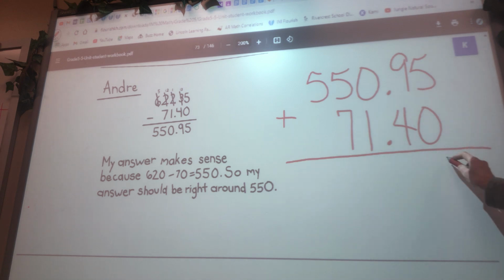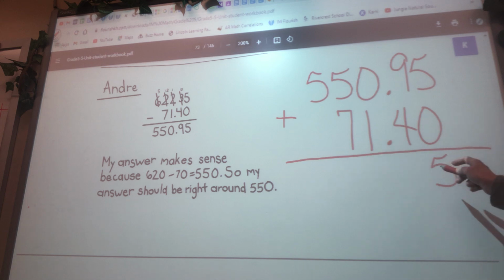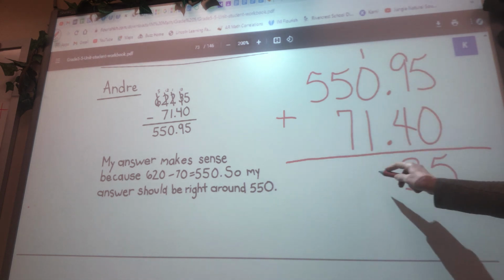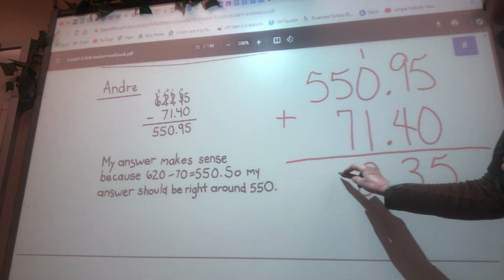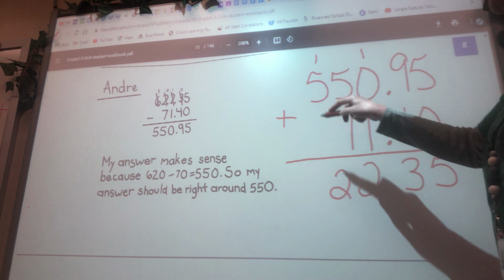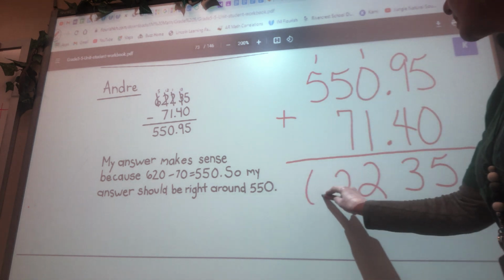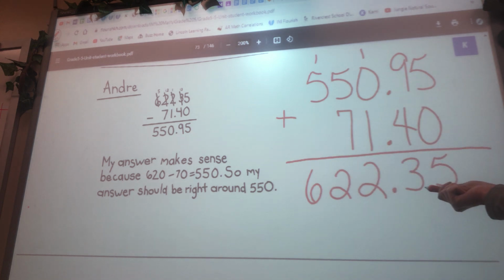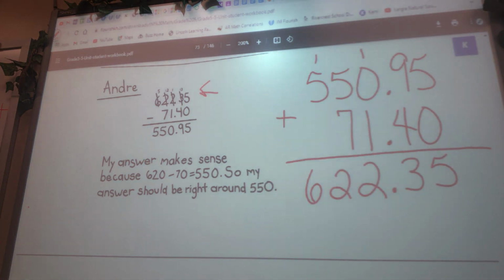Okay, we have 5 plus 0 is 5. 9 plus 4 is 13. 1 plus 1 is 2. 5 plus 7 is 12. Carry the 1. And 1 plus 5 is 6. And we bring that decimal down. Well, 622 and 35 hundredths. Well, that's what we started with.